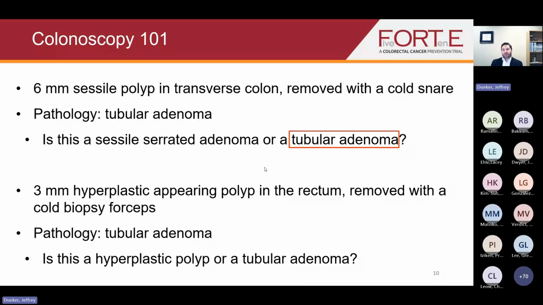There's another one, a 3 millimeter hyperplastic appearing polyp is seen in the rectum, removed with a cold biopsy forceps. In this case, the pathology actually comes back as a tubular adenoma. So which one is this? Is this a hyperplastic polyp or tubular adenoma? And person that chimed in, yes, you're correct. This is in fact a tubular adenoma.